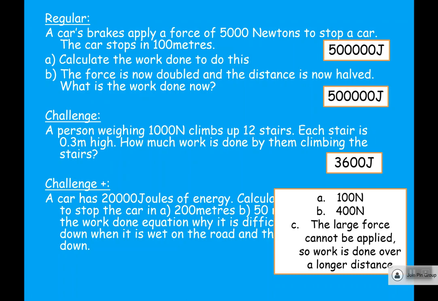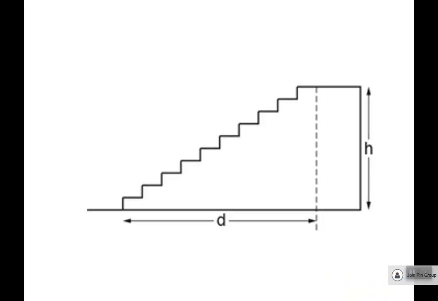So obviously, if you have something like a car crash, the reason why hitting something like a tree or a wall is incredibly painful is because you're stopped in a very short distance, therefore a massive force is going to do the work. But when you're driving on nicely, you're always told that you need to put your foot on the brake gently so that you've got a small force acting for a longer distance. In both cases, the work done is exactly the same.